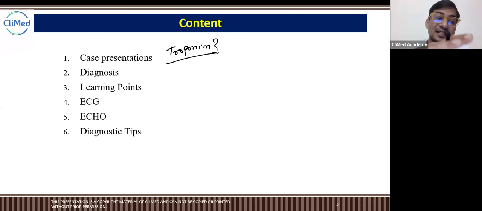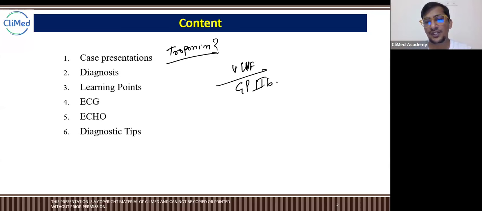Let me write here: von Willebrand factor, VWF, then GP2b3a factor, glycoproteins, and collagen.